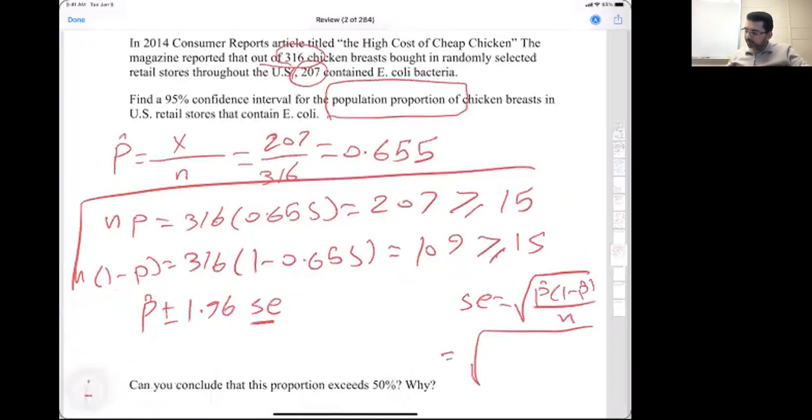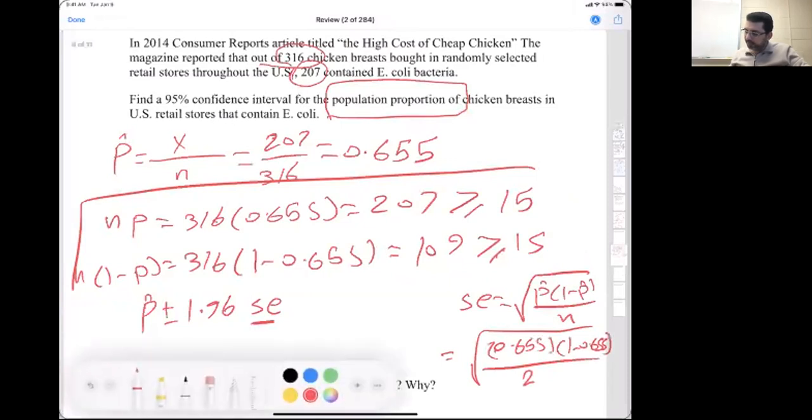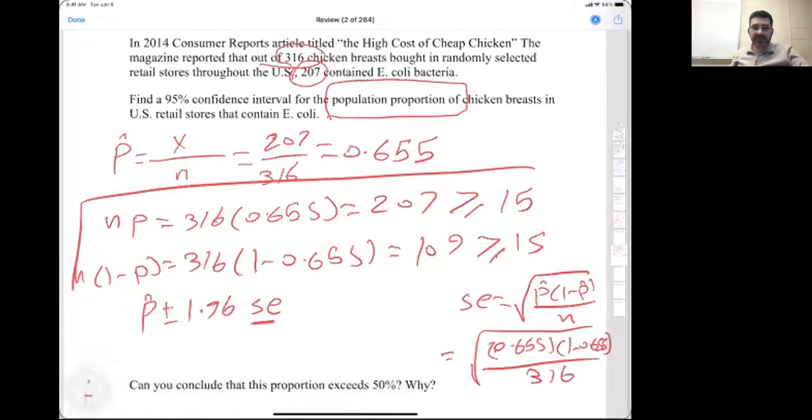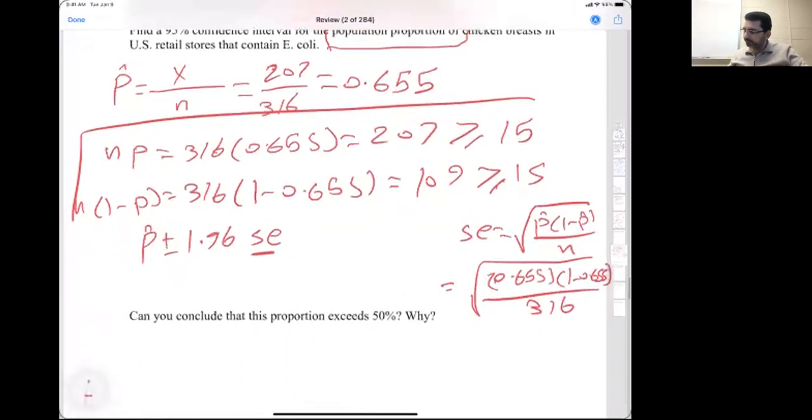So it's the square root of 0.655 times 1 minus 0.655 divided by 316. And the answer is 0.0267.